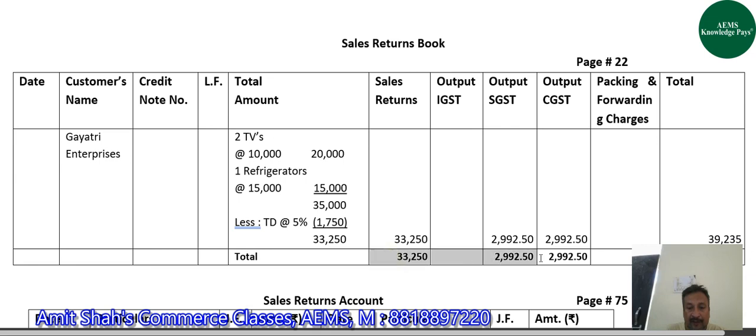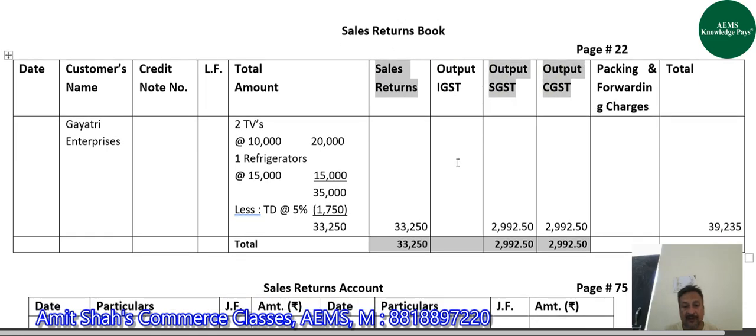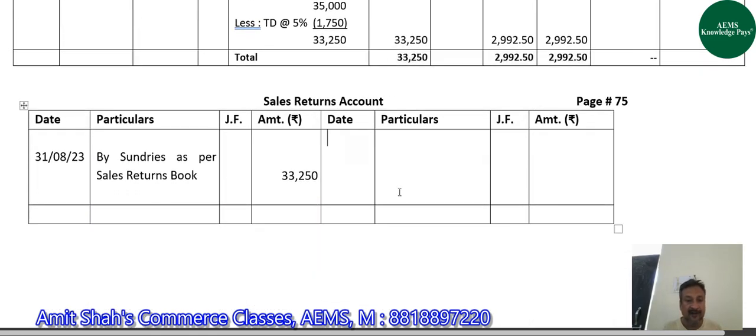Next is sales return book. The totals of this also we have transferred to their respective accounts, that is to sales return account, output SGST account and output CGST account. Now sales return account.